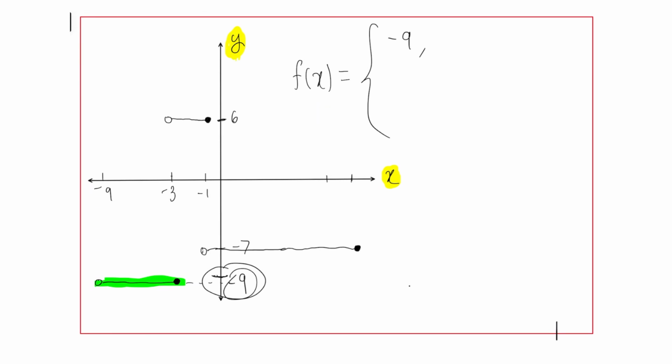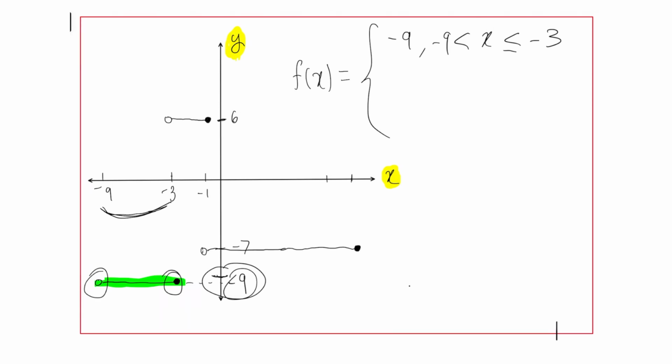Well, we see from -9 to -3, not including -9. So for all the values greater than -9 and less than or equal to -3, because -3 is included, filled in, and -9 is excluded, not filled in.